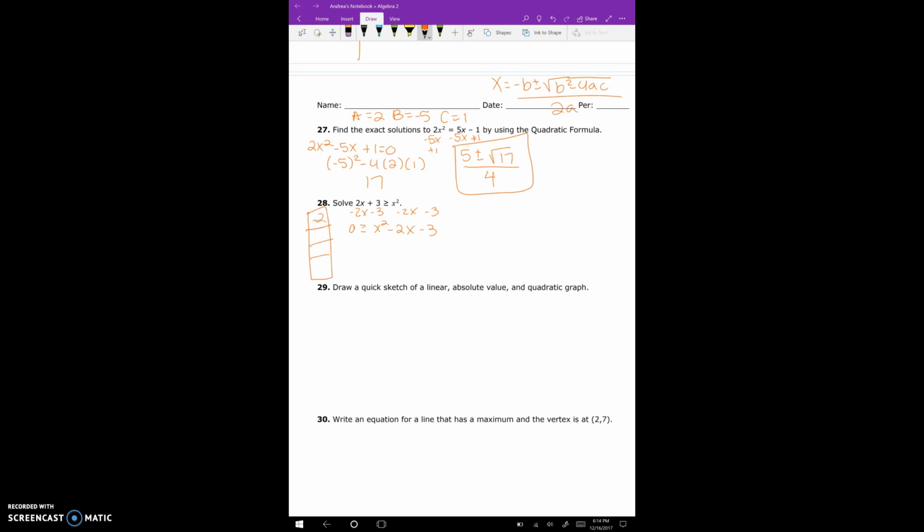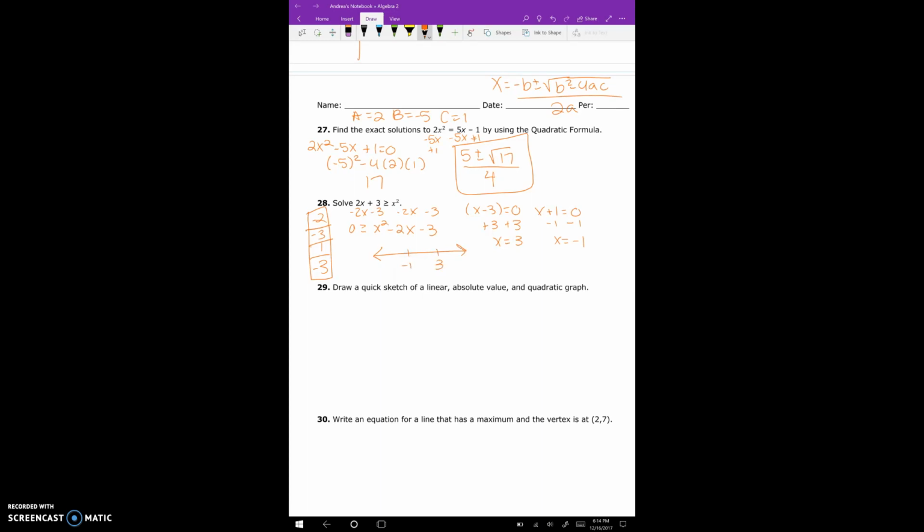What adds up to -2 but multiplies to give me -3? That's -3 and 1. x minus 3 equals 0, x plus 1 equals 0. I'm going to solve these and then graph my number line. x equals 3, x equals -1. So on my number line, I have -1 and 3.